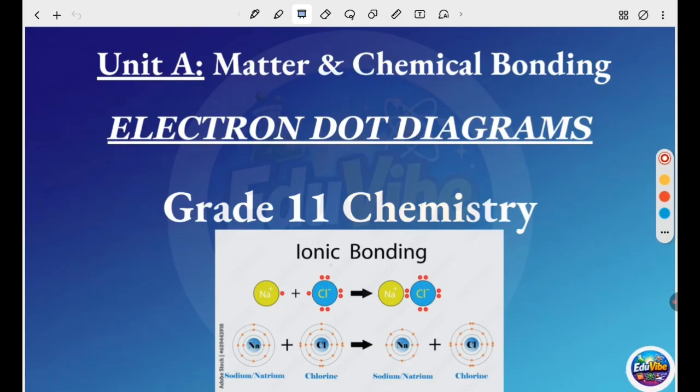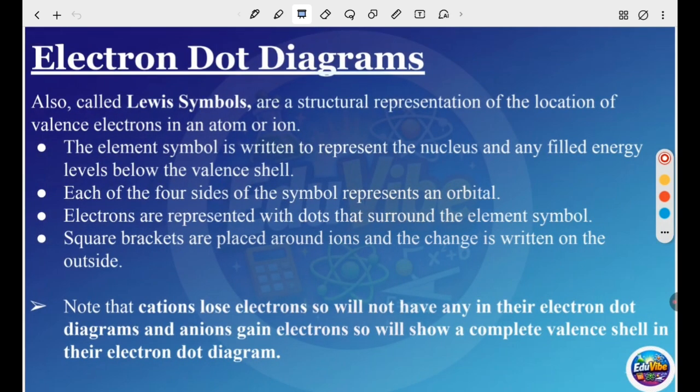So this is again the topic of ionic bonding. There's a theory of ionic bonding, and based on that theory, later on we will discuss the Lewis symbols. Electron dot diagrams are also called Lewis symbols. The Lewis symbol is named after someone called Lewis. It's the structural representation of the location of the valence electrons in the atom or ion.